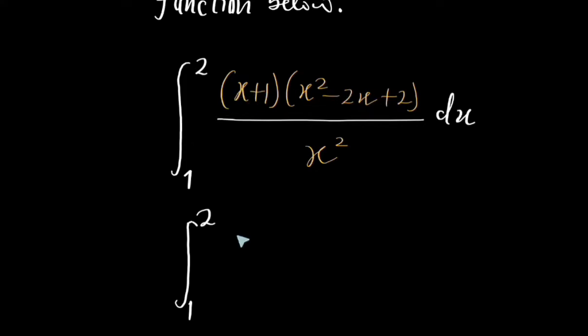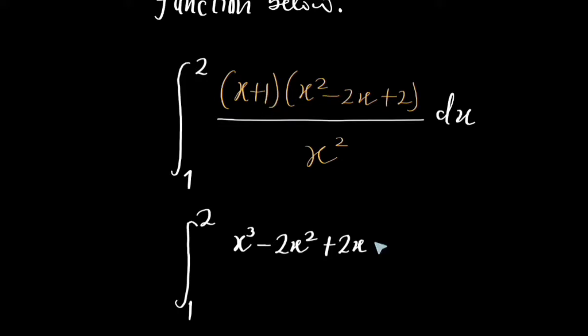So x multiplying x² gives x³, and x multiplying negative 2x gives negative 2x². Then x multiplying positive 2 gives plus 2x. We do the same with the 1, remembering the 1 here is positive.